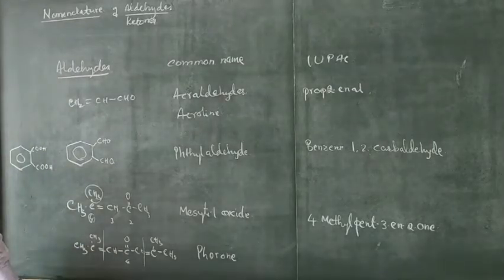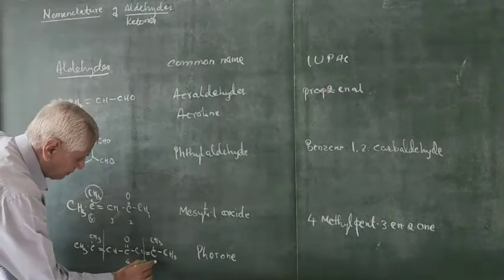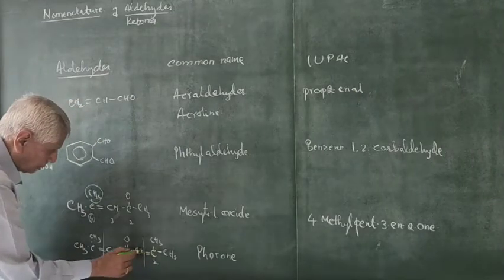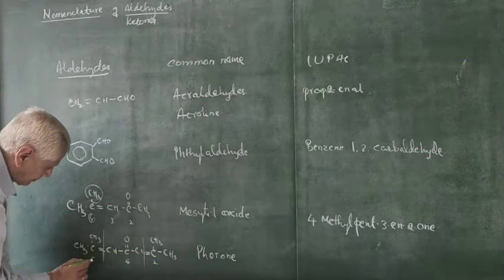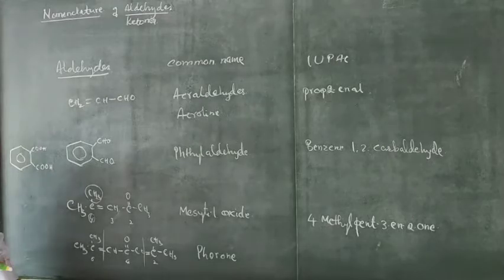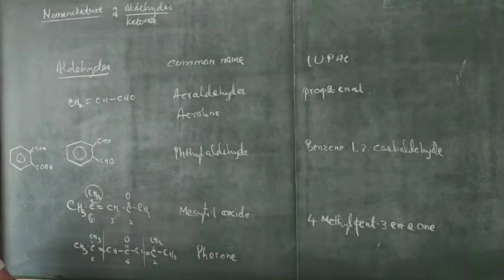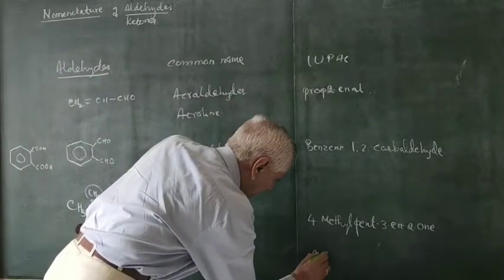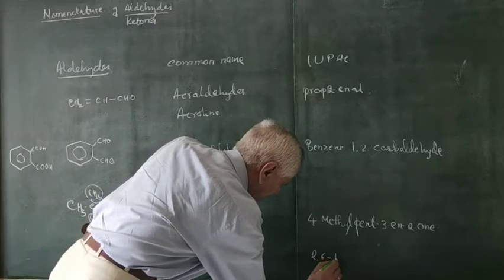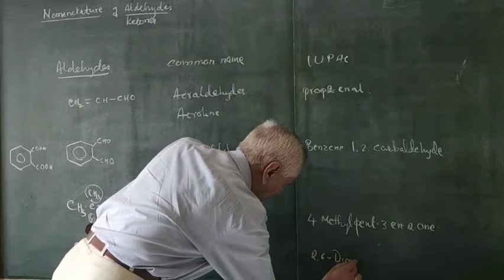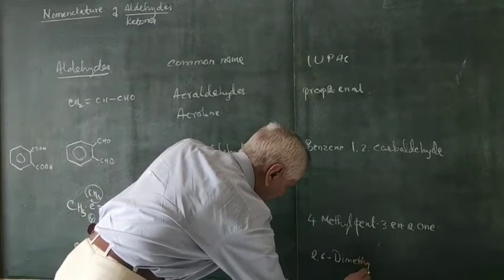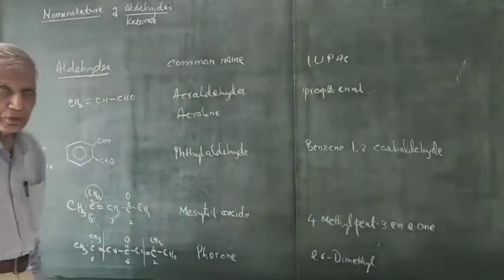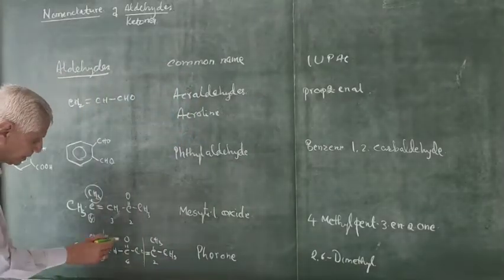Fourth carbon is having O. This is second carbon. 1, 2, 3, 4, 5, 6. Second and sixth carbon are carrying two methyl groups. Therefore, you call this 2,6-dimethyl. Two methyl groups are there, so you have named this methyl and this methyl.